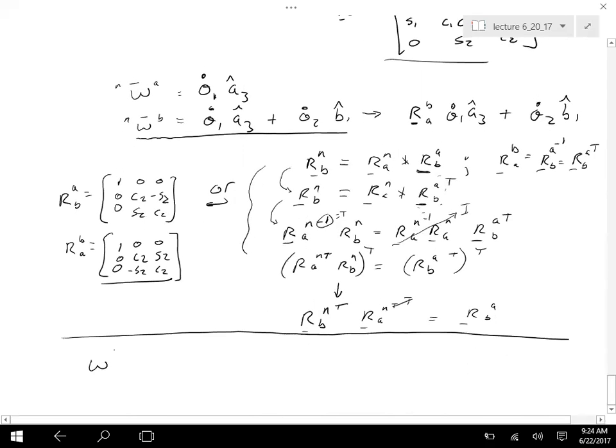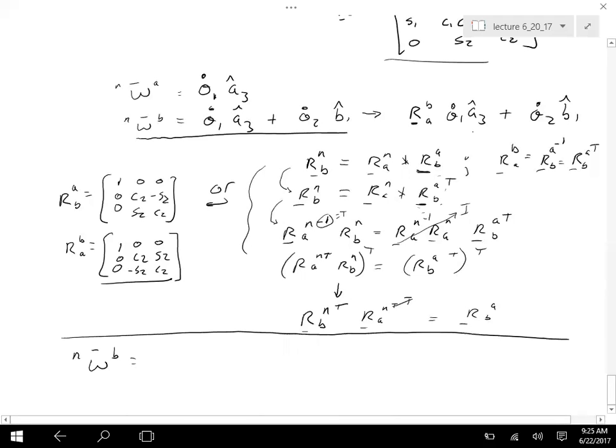So I'll go back to my omega B with respect to N. It is this A projected on the B times the theta 1 dot A3. So I've got an A3 term, and the A3 term gets multiplied by the third column. So the A1 term gets multiplied by the first column, A2 gets multiplied by the second column, A3 gets multiplied by the third column.